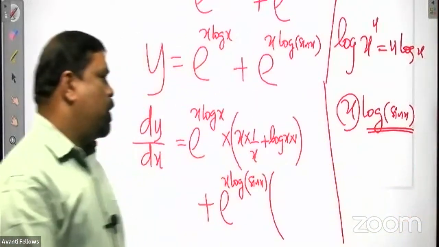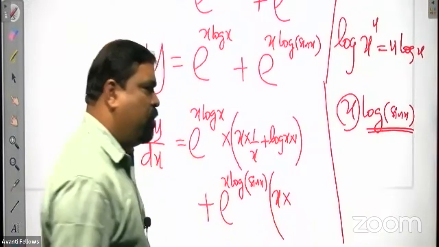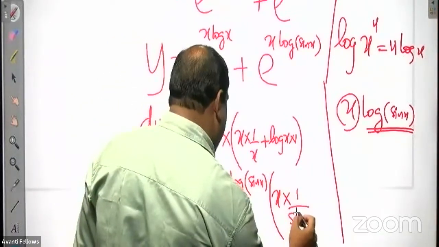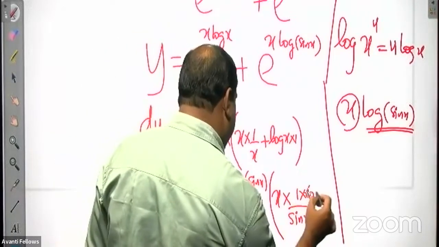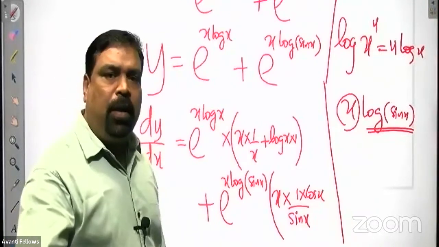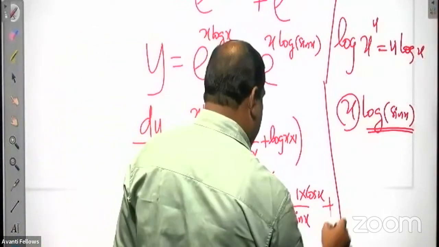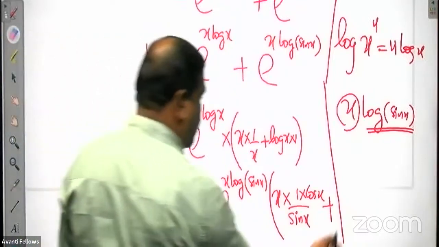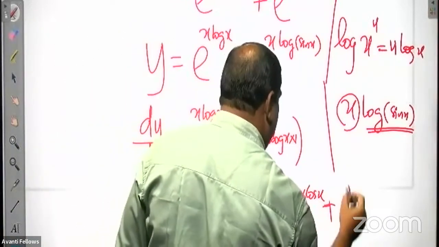So x into derivative of log sin x, which by chain rule is 1 by sin x into cos x, plus log sin x into 1.